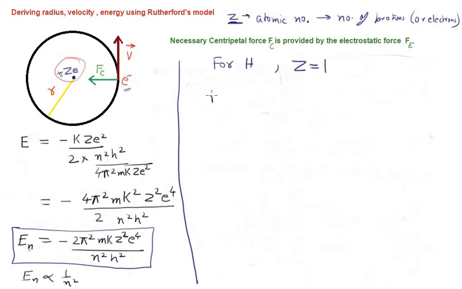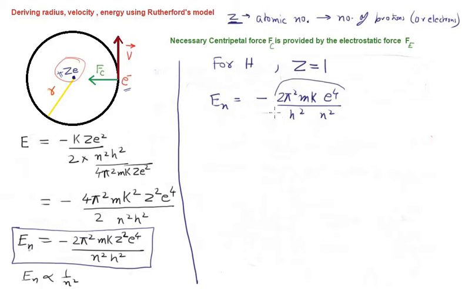So the energy of the nth orbit will be equal to minus 2π²mk²e⁴, because Z becomes equal to 1, upon h²n².